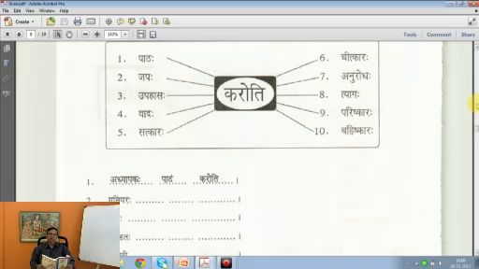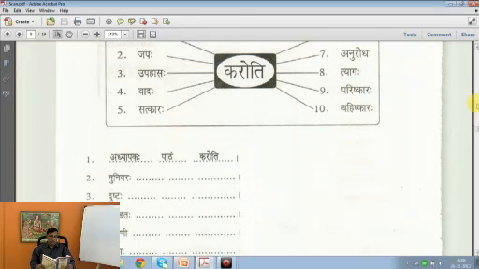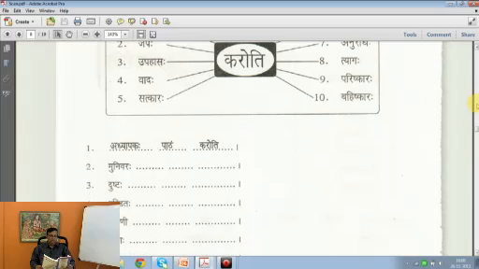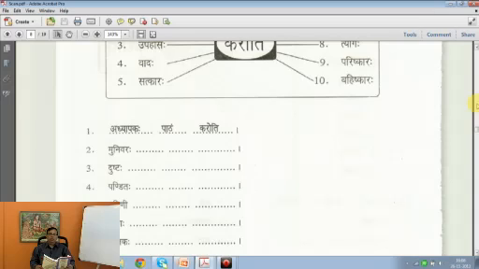Third one, Dushtaha Upahasam Karoti. A Dushtaha, a wicked person, is mocking, is laughing at another person. Upahasam, making a joke. Panditaha Vadam Karoti. A scholar is arguing, a scholar makes an argument. Gruhini Satkaram Karoti.